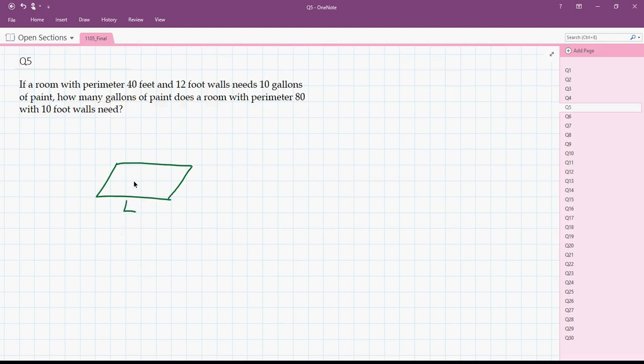So we have a length, a width, and then since it has walls, we have height. I don't know how clear this drawing is going to come out.